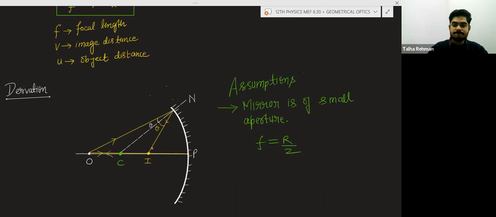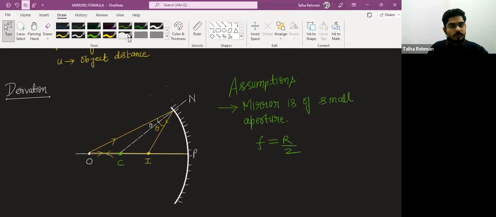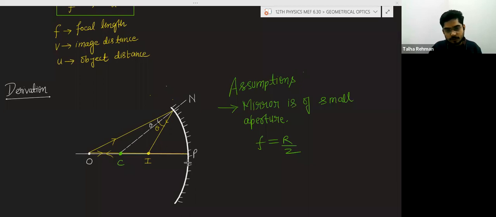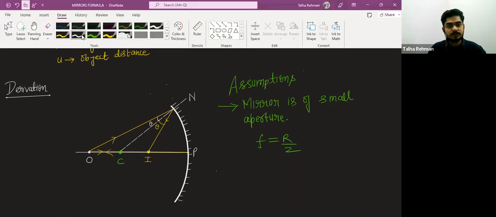After that, the object is placed here, and this is the pole. So we will see what the object distance is and how we will represent that. I told you in the sign convention that all the distances you will measure from the pole, and with sign you have to take the distances.